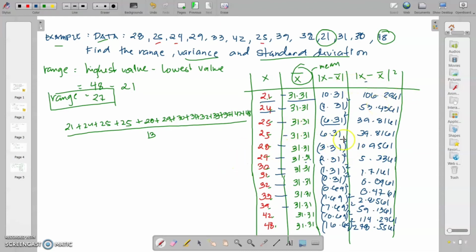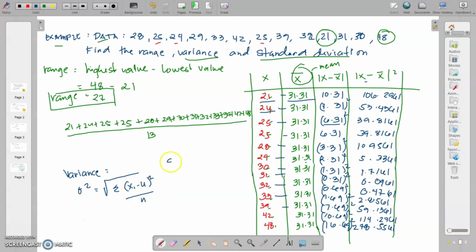Next is how to calculate the variance. So using the variance formula, kung population siya equals to square root of summation x minus mu squared over n.